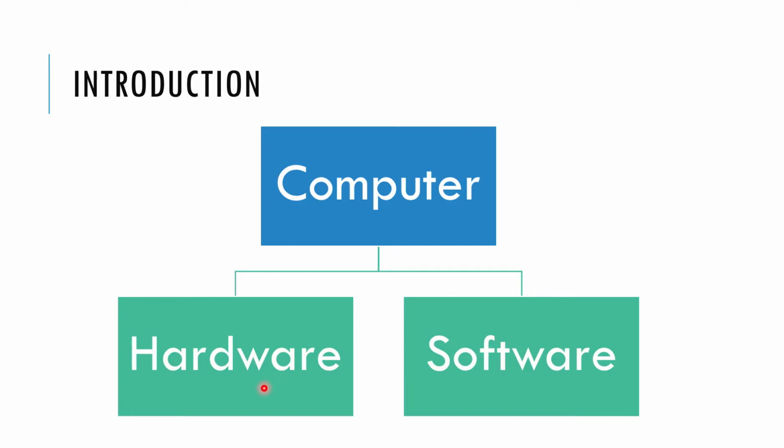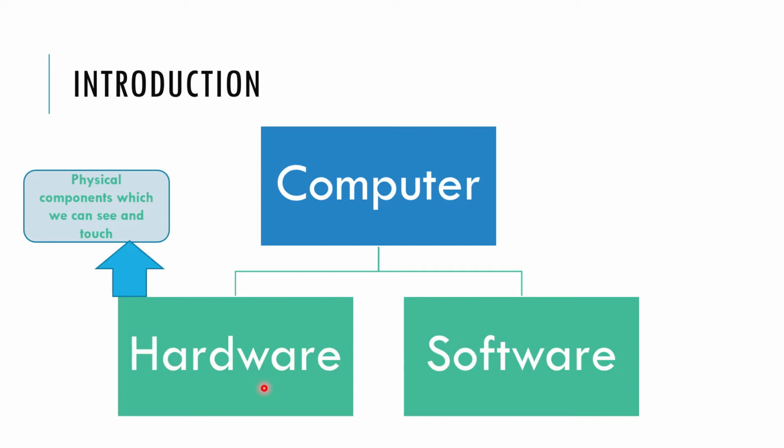The physical components of the computer which we can see and touch are called hardware. For example, keyboard, mouse, monitor, CPU, etc.